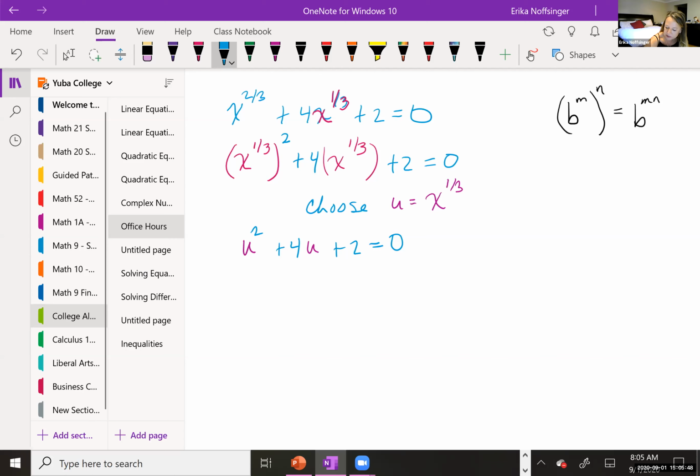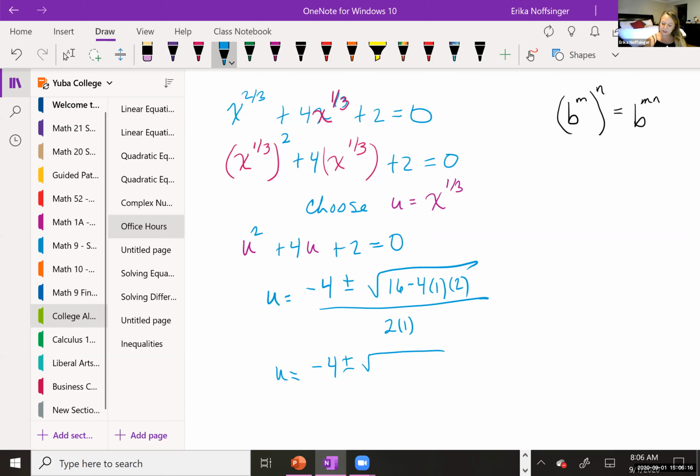So u is equal to negative b, so negative 4 plus or minus the square root of b squared, so 16, minus 4 times a, which is 1, times c, which is 2, all over 2a, so 2 times 1. So let's just clean it up. Negative 4 plus or minus the square root. Well, 4 times 2 is 8, so 16 minus 8 is 8, all over 2.